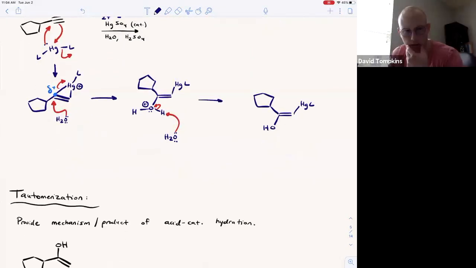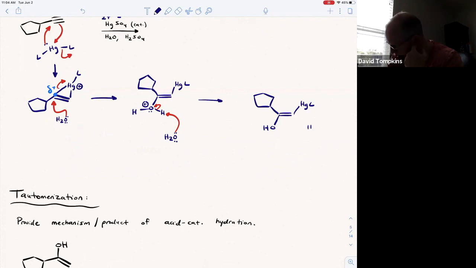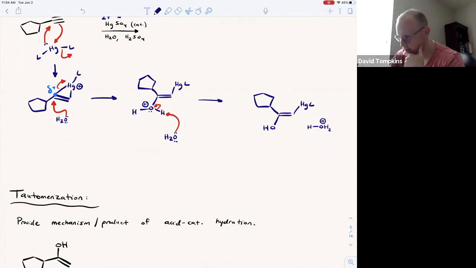So the next goal is going to be to relieve the substrate of the catalyst, or to regenerate the catalyst in solution. And what we have just made here is our acid, hydronium. So that acid, we are in an acidic solution, we already knew that from sulfuric acid, is going to protonate an alkene.